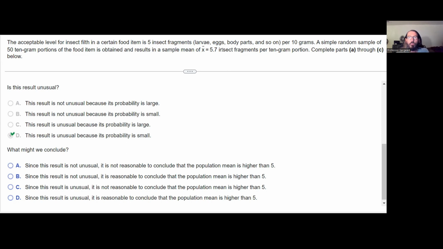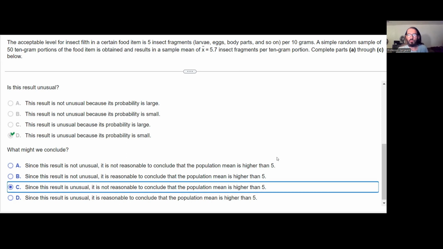okay, X bar was 5.7. And so it seems that, relatively speaking, that's not a lot higher than the 5 that was claimed for the population. And so it would not be reasonable to reject that claim that it was higher than 5.